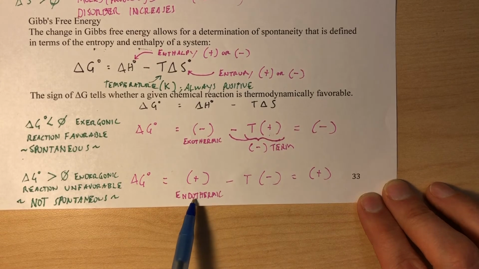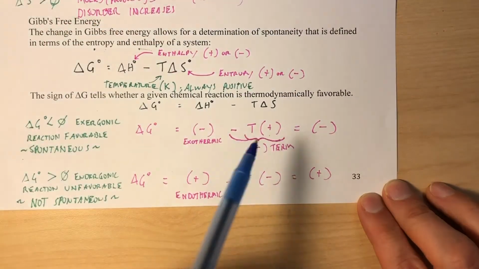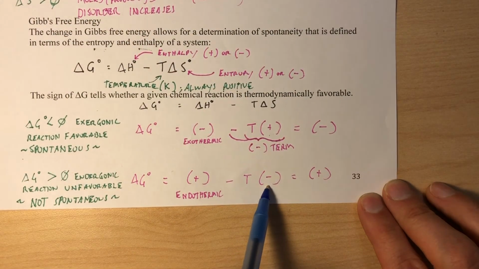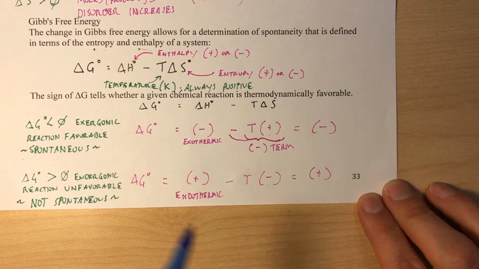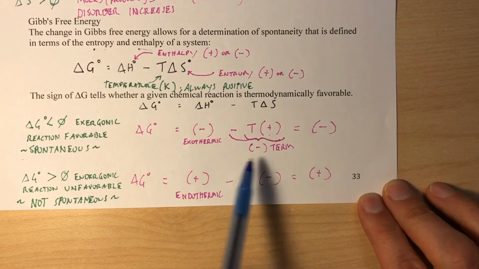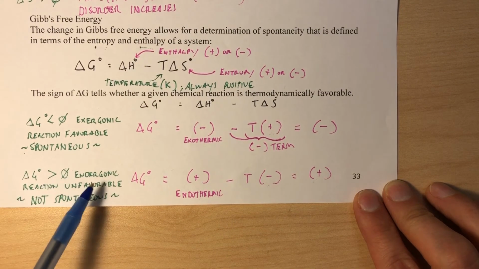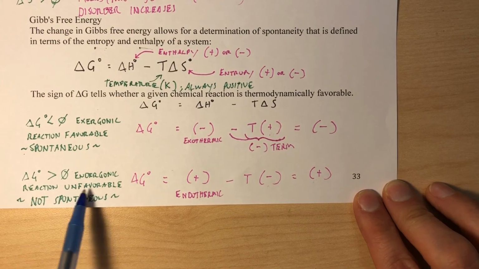So if you consider a situation where you are flooding a system with heat energy, you are putting heat into the system, and somehow that's creating something that's more ordered, that's never going to be spontaneous because that's very difficult to impossible to do. So you have delta G is a positive term minus a negative term that will always give you a positive value. In that situation, delta G is greater than 0. We call that endergonic. A reaction is unfavorable and not spontaneous.